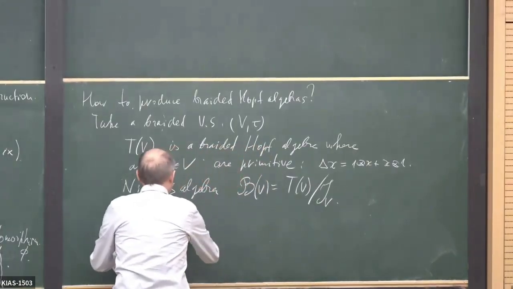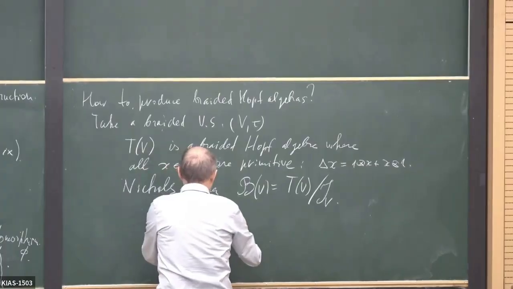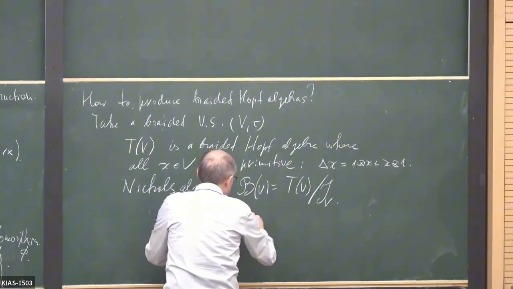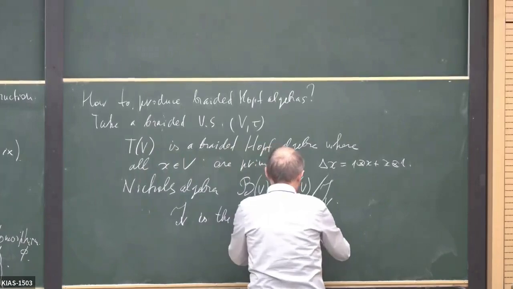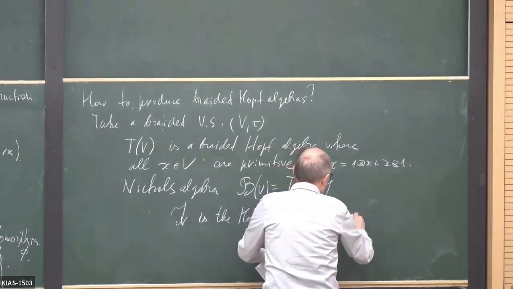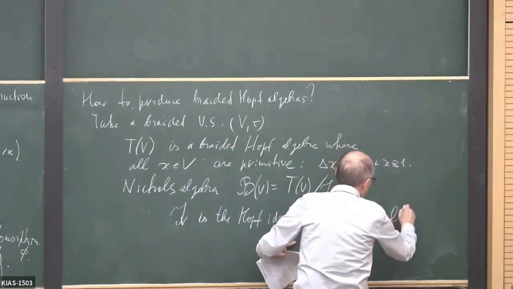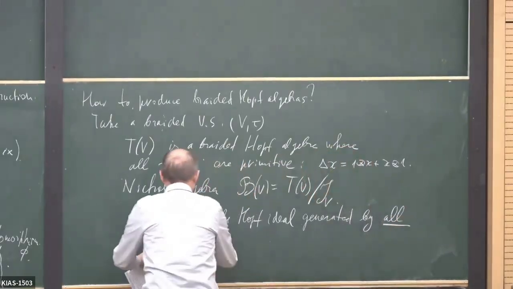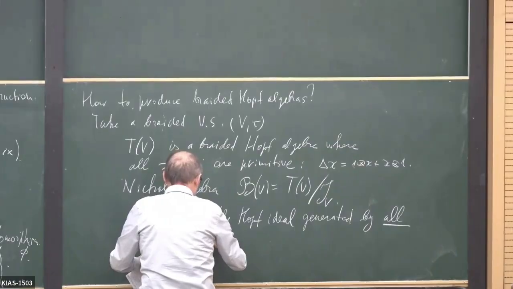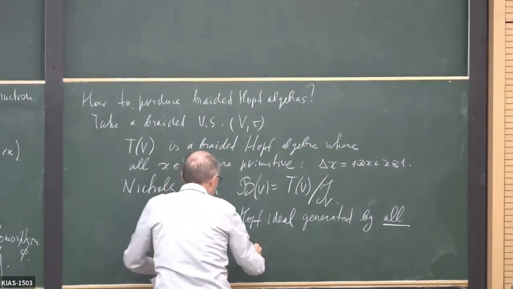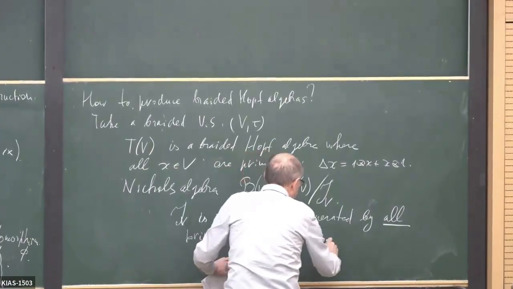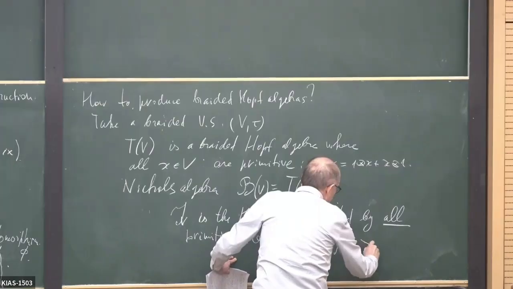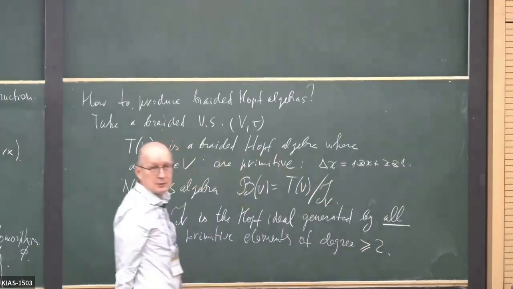And J_V is the Hopf ideal generated by all primitive elements of degree bigger or equal to 2.